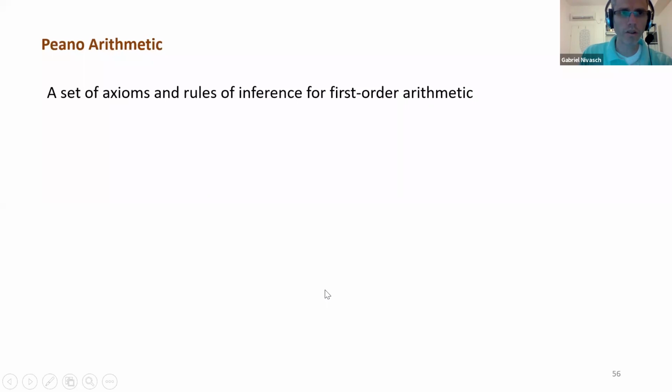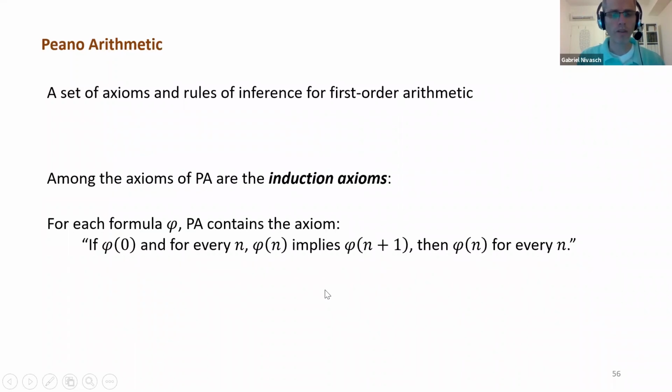Okay, there's this thing called Peano Arithmetic, which is a set of axioms and rules of inference for first order arithmetic. And among the axioms are the induction axioms. So you have infinitely many induction axioms, one for each possible formula. For each formula phi, you have an axiom that says that if phi of 0 is true, and for every n, phi of n implies phi of n plus 1, then phi of n is true for every n.